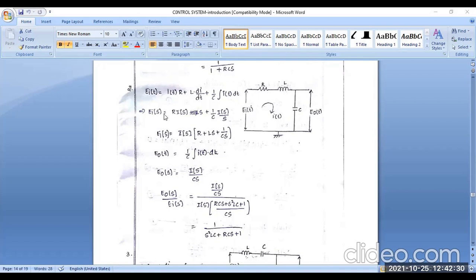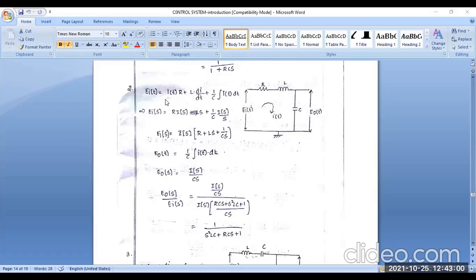So we write the input equation: the input voltage e_i(t) with respect to time is i(t)R plus L di/dt, corresponding to the time changes, plus 1 by C integral of i(t) dt. Okay, so we write this from the RLC circuit.